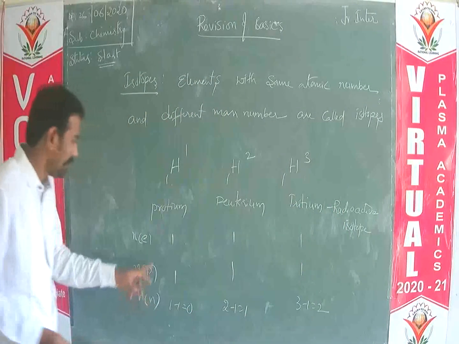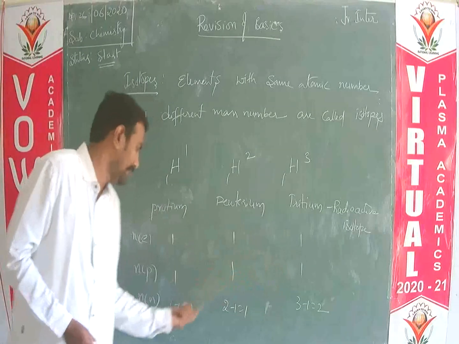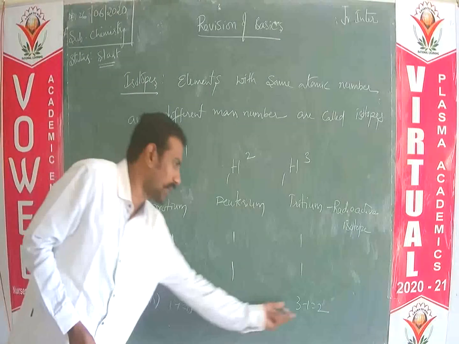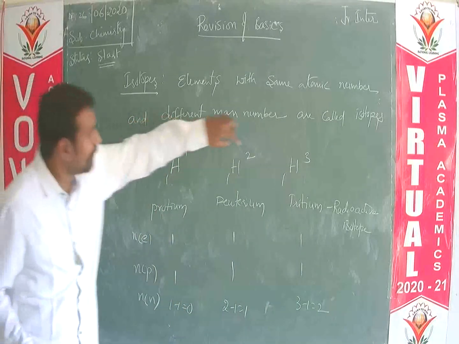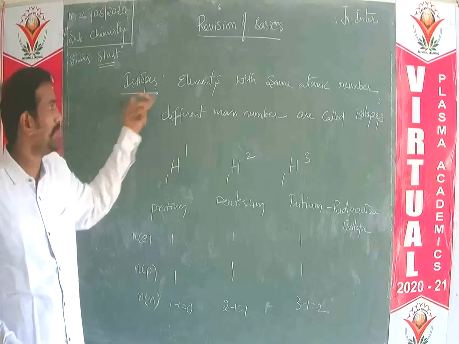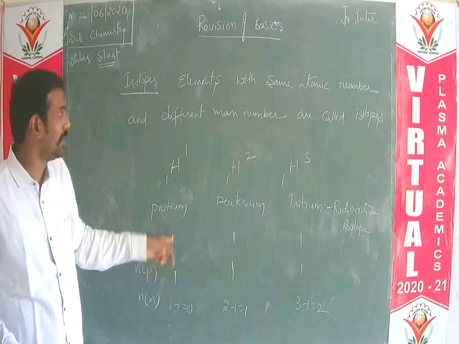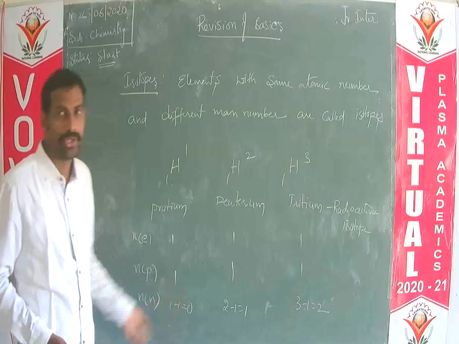In all these cases, the number of electrons and protons are the same, but there is a difference in the number of neutrons, which makes the difference in the mass number. Such elements are said to be isotopes. Elements with the same atomic number but different mass numbers are called isotopes. Note it down.